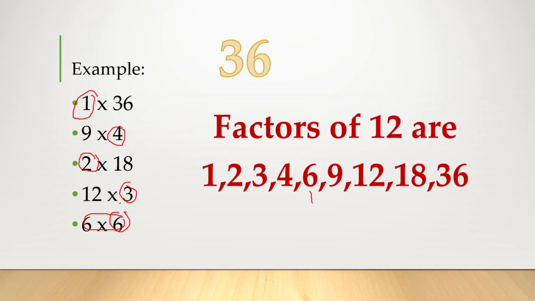So, 6 lang siya. So, 9, 12, 18, and 36. So, factors of 36 are 1, 2, 3, 4, 6, 9, 12, 18, and 36. Okay? Thinking of a number that could possibly give an answer to 36 without any remainder. Okay? Those are the factors.